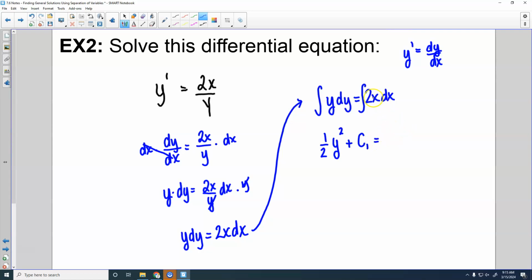And then I'm going to integrate 2x dx, so that is going to be x squared, and then I'm going to divide out front by that 2, and I'll just get a 1. And I'm going to put a plus c with a subscript of 2 to show that I've got two different c's there.